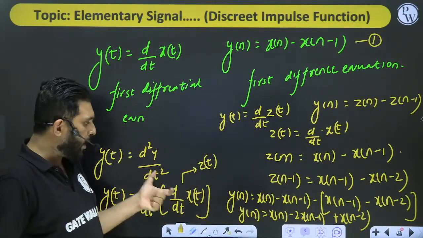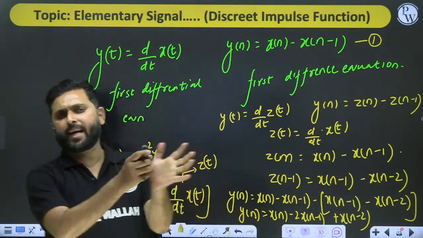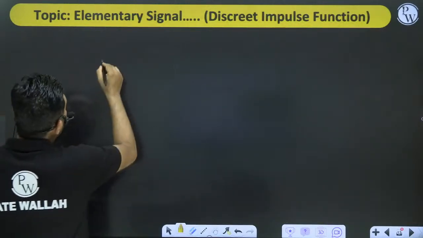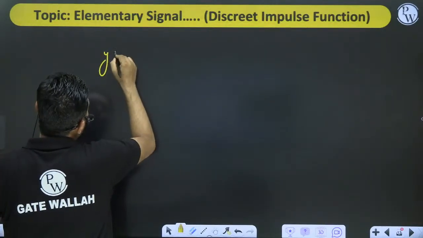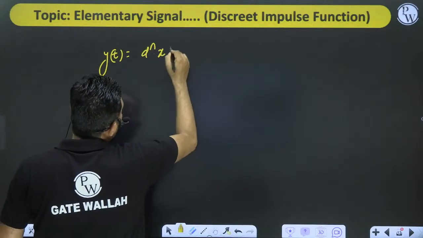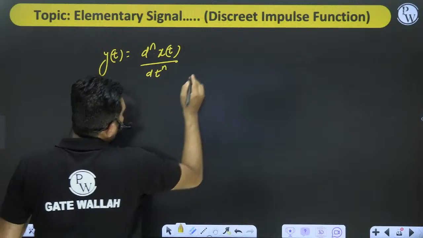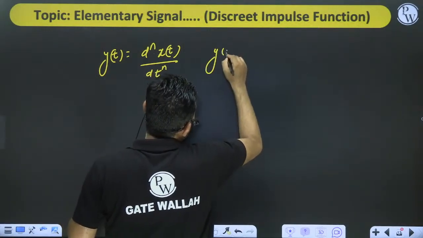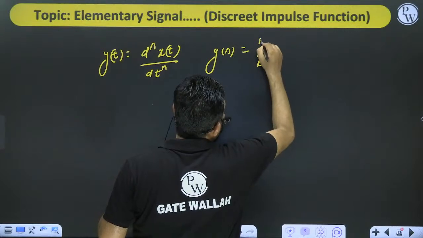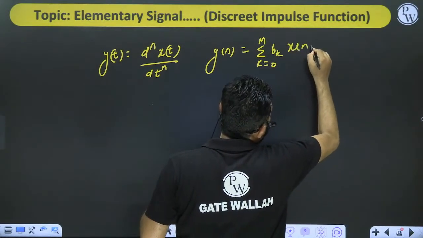So for d2y by dt2, the difference equation is this one, and it will go on like this. In general, if you have y(t) equal to the nth derivative of x(t) with respect to t, then y[n] can be represented as the summation over k from 0 to m of b_k x[n minus k].